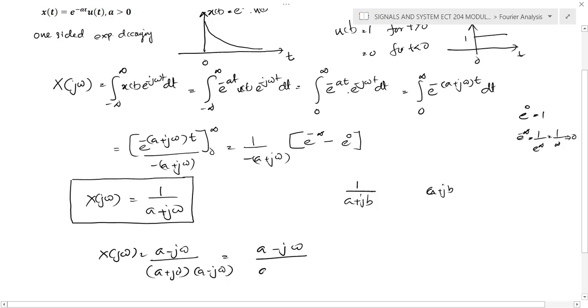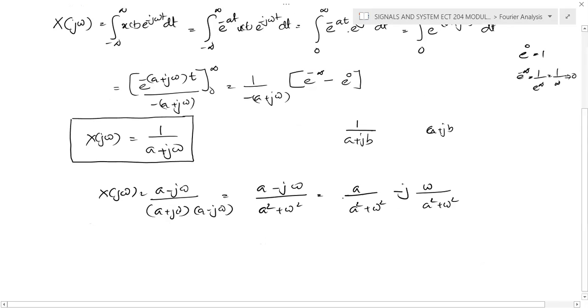The denominator is a square plus omega square. So you'll get a by a square plus omega square minus j omega by a square plus omega square. Now we got a quantity in the normal complex number form. This is the real quantity and this is the imaginary quantity.